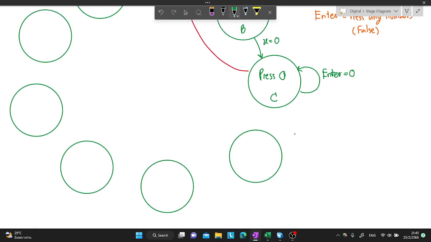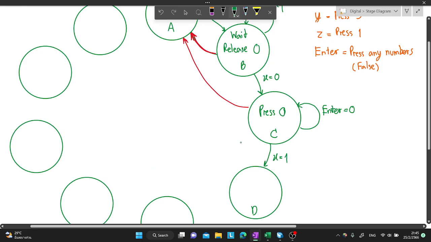The next state, when I press 0 again, which is x is 1, is state D. State D is like state B, wait for release 0.